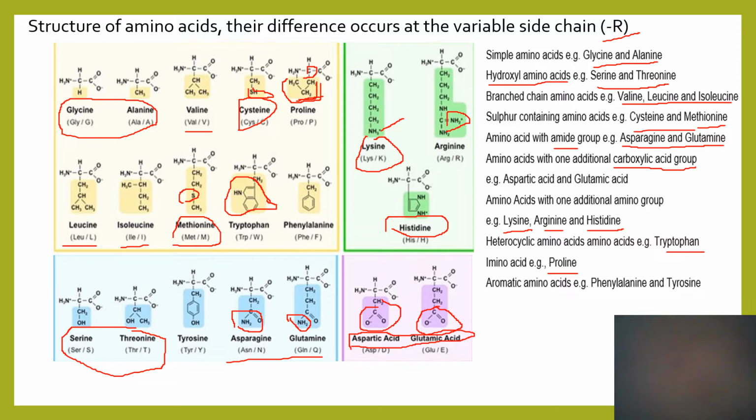Here, tyrosine has the aromatic side chain. Still, phenylalanine also contains the aromatic side chain. So, because of the variable side chain, these amino acids are different in nature, different in their properties.